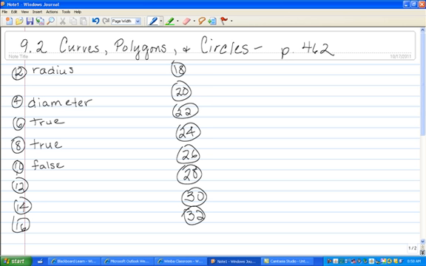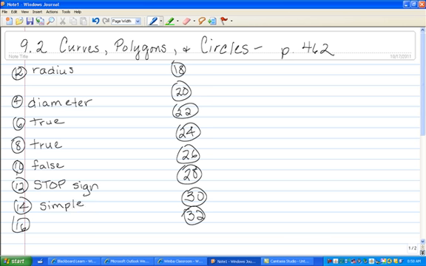Okay, number 12, what common traffic sign in the United States is in the shape of an octagon? That would be a stop sign. Now starting with 14, we have pictures of curves. We're to identify each curve as simple, closed, both, or neither. Number 14 is simple.